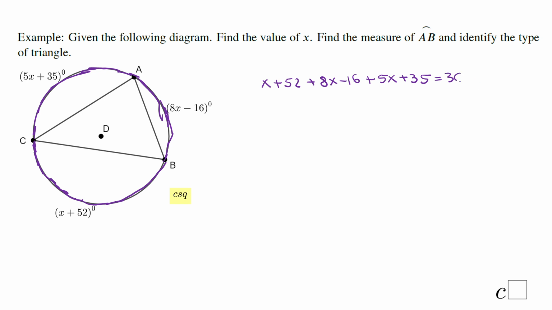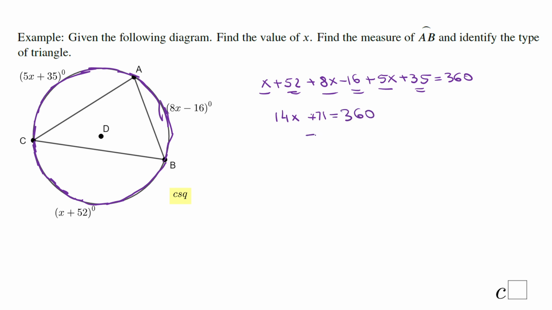Okay, so now we have to find x here, so we're going to combine the things that are alike, and we have here 9x, 14x. And then we have 52 minus 16 plus 35. That will be 71, so combine the like terms. That is 14x plus 71 equals 360.